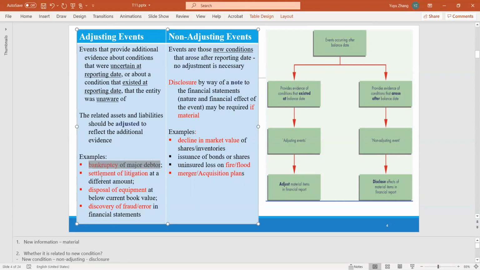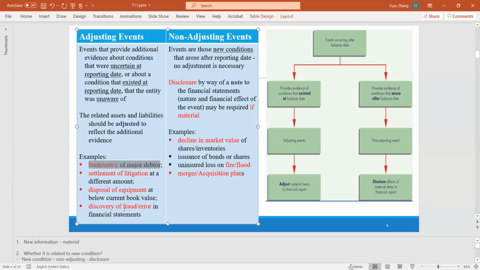The second example, settlement of litigation at a different amount. Suppose this company has a litigation that has been raised but hasn't been fully settled. Now, in the subsequent period, the new outcome of the settlement has come to your attention.